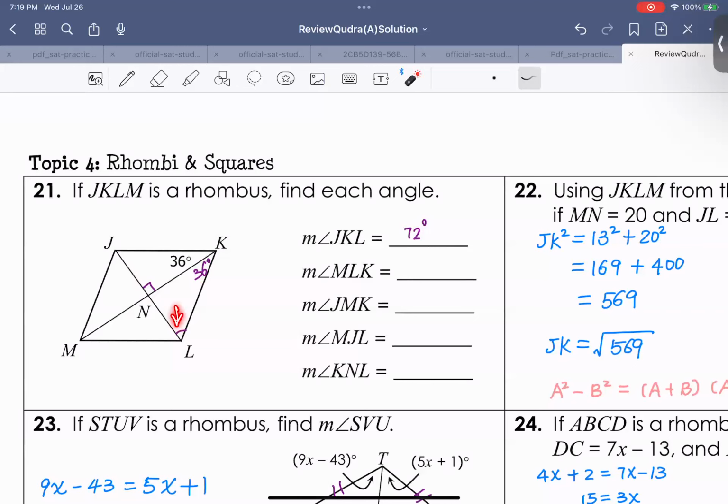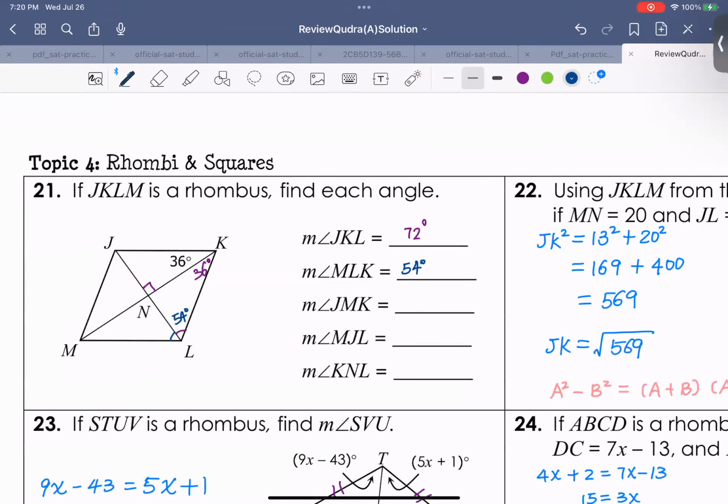Why do you use 180 minus? This is 90, so these two together is 90. So you do 90 minus 36 to get this, right? So how much? 54. Thank you. Want to do things carefully, okay? This is 54. You got it?